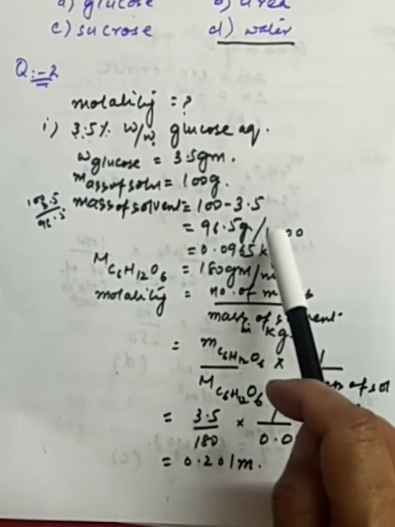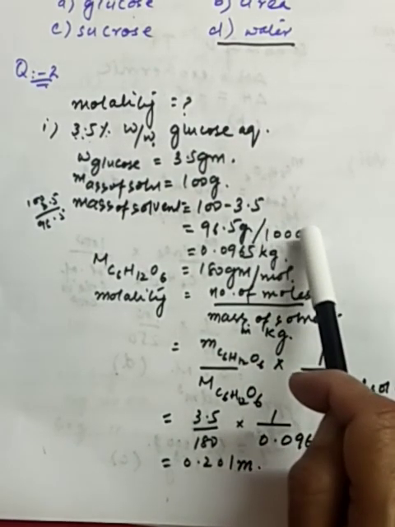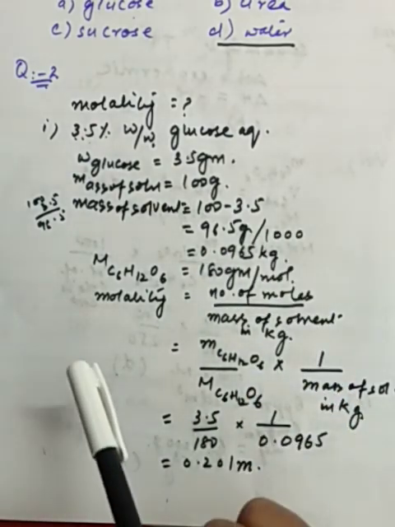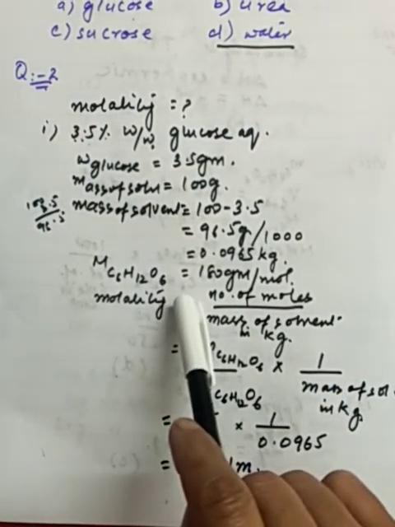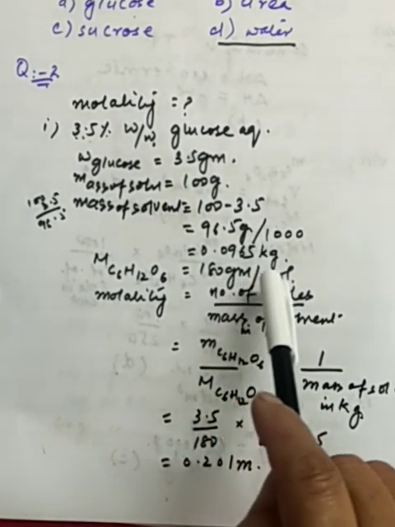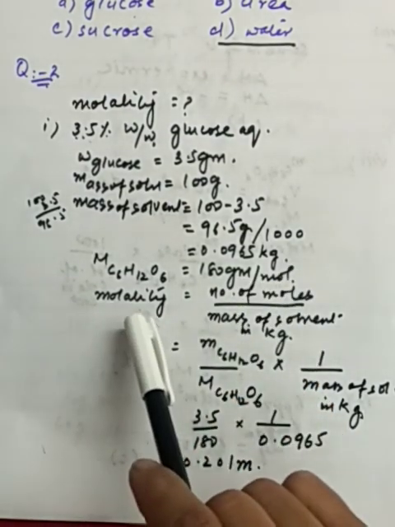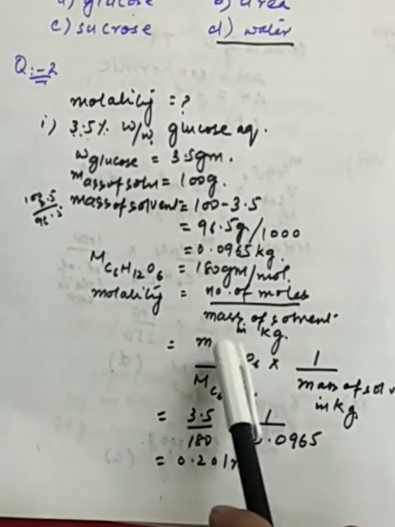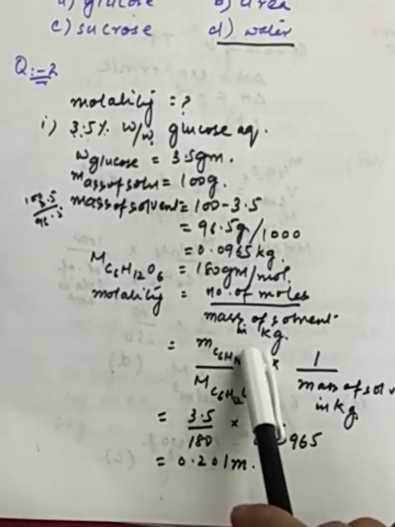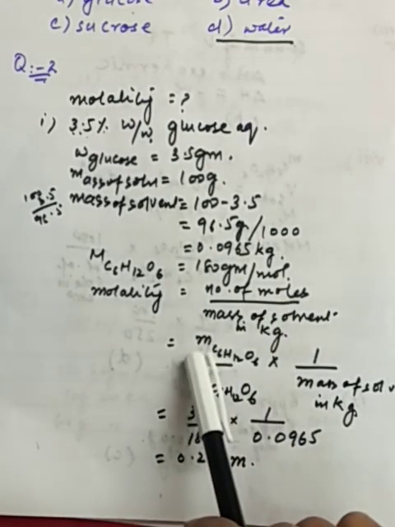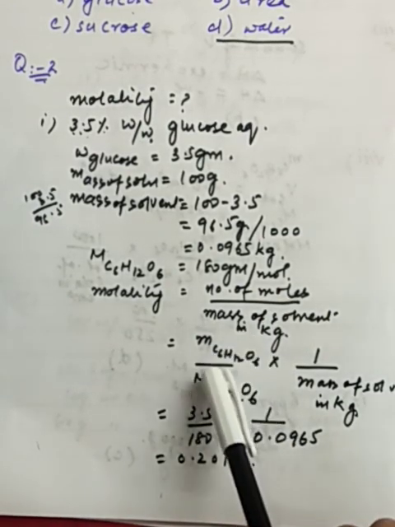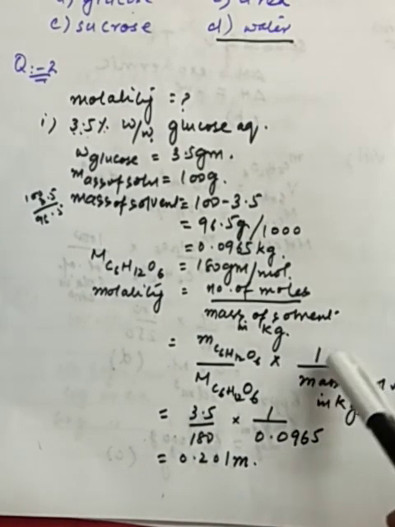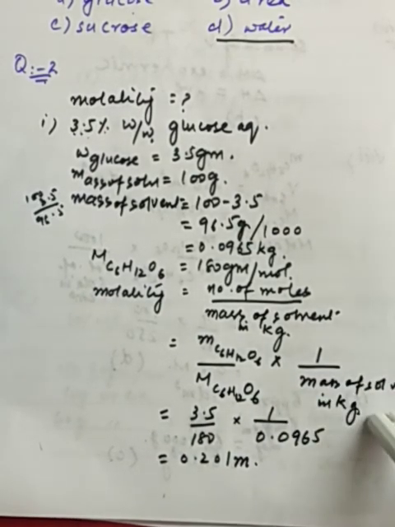We will convert into kg, so we will divide it by 1000. It will be equal to 0.0965 kg. The molar mass of glucose will be equal to 180 gram per mole. The molality of the solution will be equal to the number of moles divided by the mass of solvent in kg, where the number of moles is the ratio of the mass of glucose to the molecular mass of glucose, multiplied by 1 over the mass of solvent in kg.